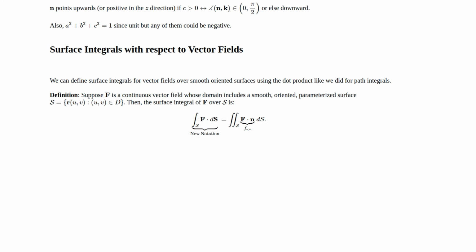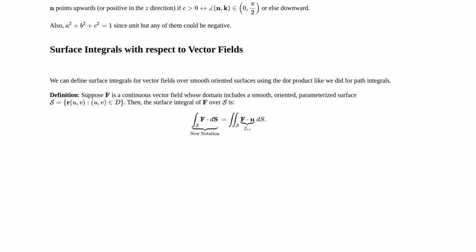Then the surface integral of capital F over script S is the integral over S of F dot dS. This is notation, folks. We haven't really defined this dot boldface S, but that's the symbolism for the surface integral of this vector field.